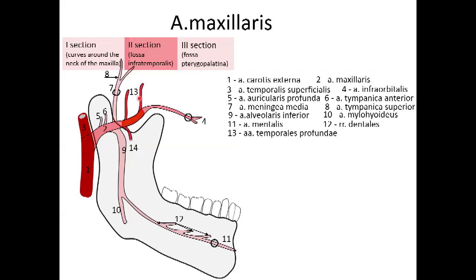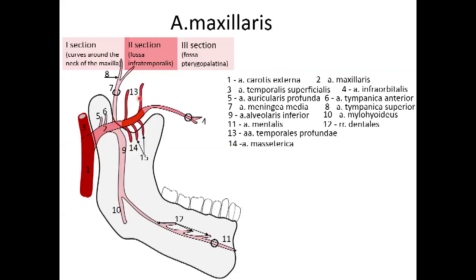And with an analogous aim, there is arteria masseterica for blood supply of musculus masseter. So we can say that the second section of arteria maxillaris is necessary for blood supply of chewing muscles, musculi masticatorii.